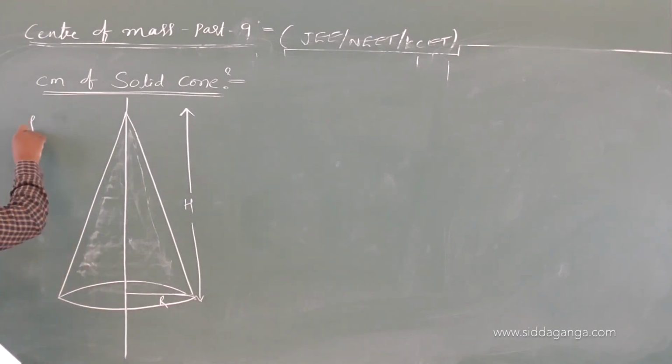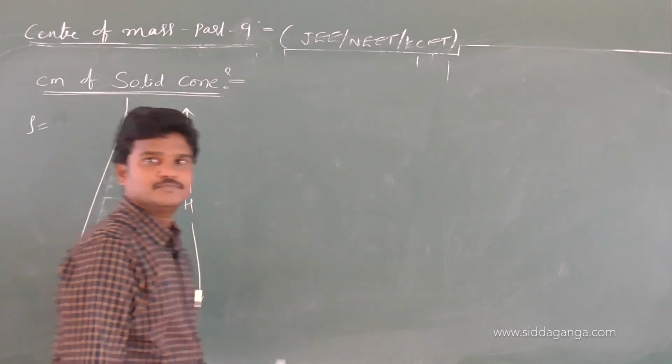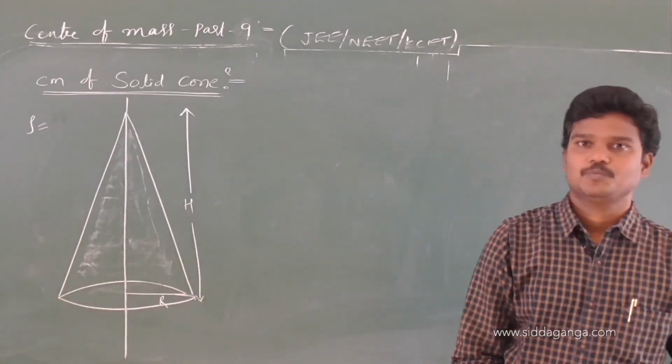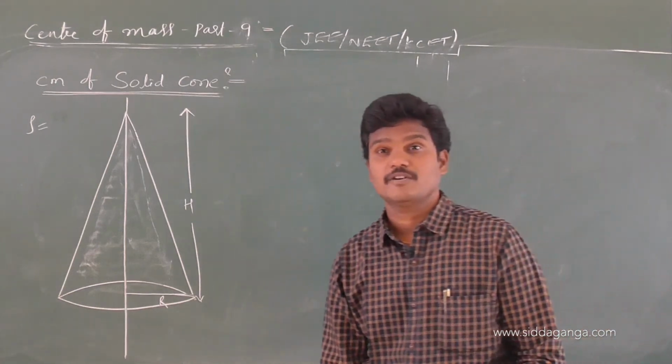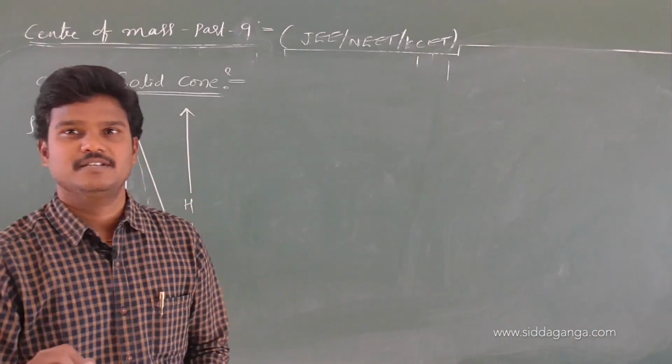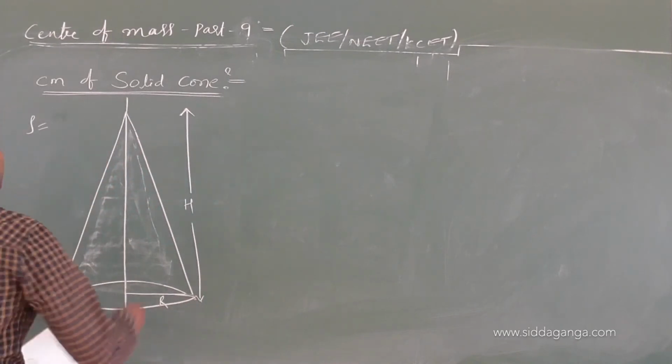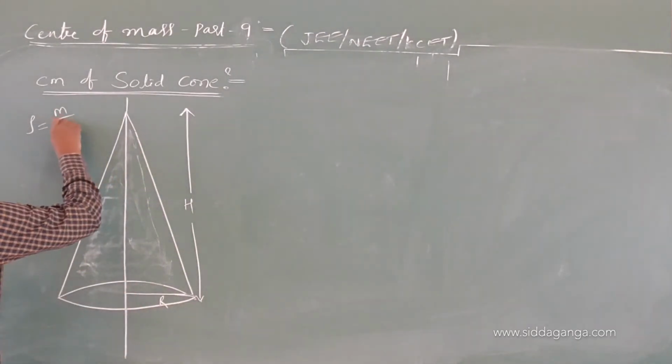The solid cone has a volumetric density rho, mass per volume of the cone, which is 1 by 3 pi r square h. You remember all these things. So rho is 3m by pi r square h.